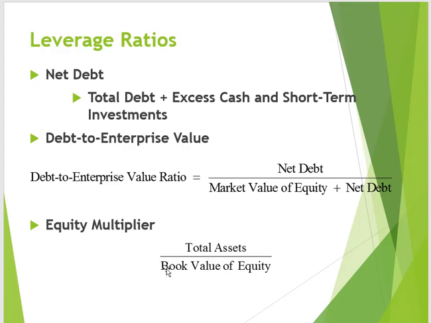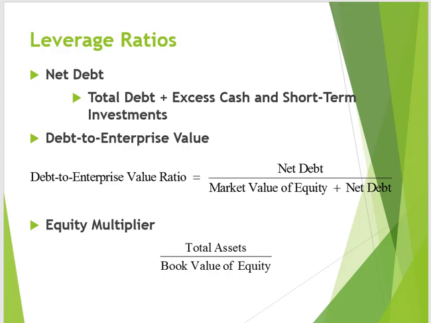So this is one minus the reciprocal of that. Again, it is a picture of leverage. The bigger the number means there's more assets relative to equity, which means more of the assets have been purchased by borrowing.